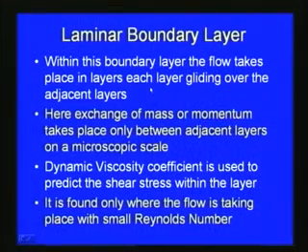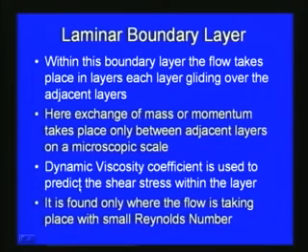If you observe this in the laboratory, you can see that the flow is in layers, gliding over the adjacent layers. That is why we call it a laminar boundary layer. With respect to the laminar flow theories we have discussed earlier, the exchange of mass or momentum takes place only between the adjacent layers on a microscopic scale.